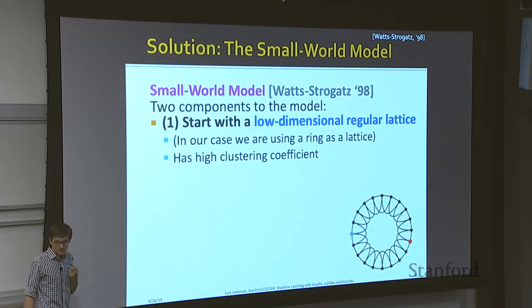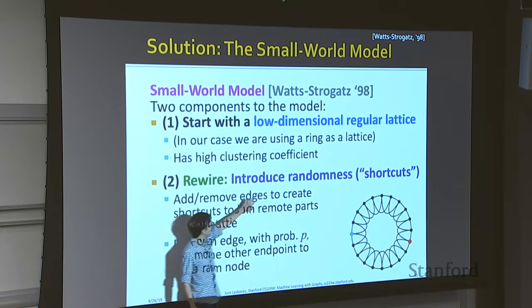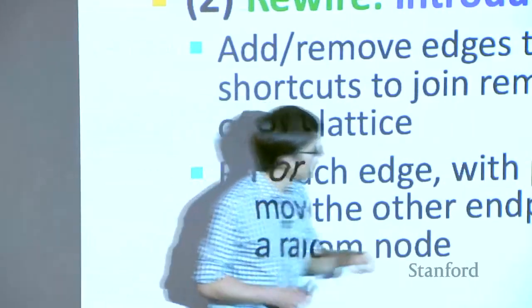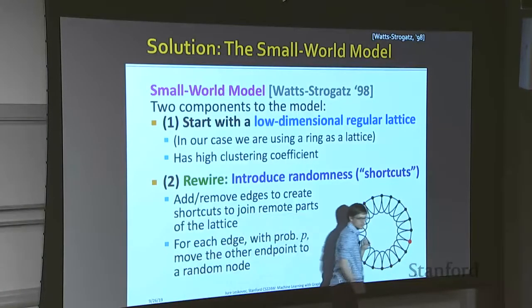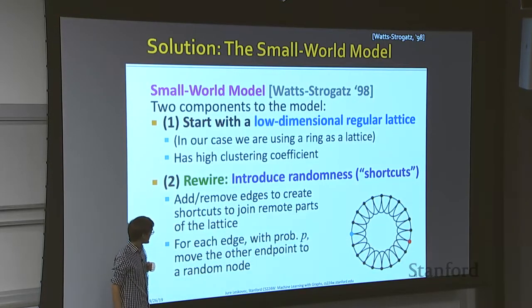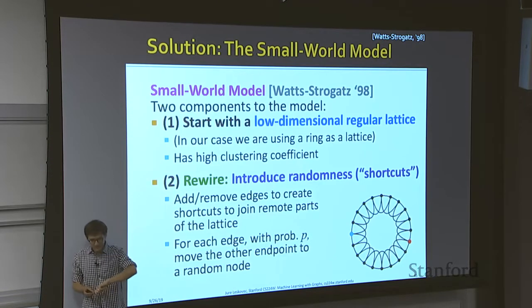Okay, but what we will do then is have this rewiring phase, where we will introduce just a bit of randomness. What this means is we will pick random pairs of nodes and rewire their connections. So for each edge, with a small probability p, we will rewire the other endpoint to some other node, right?